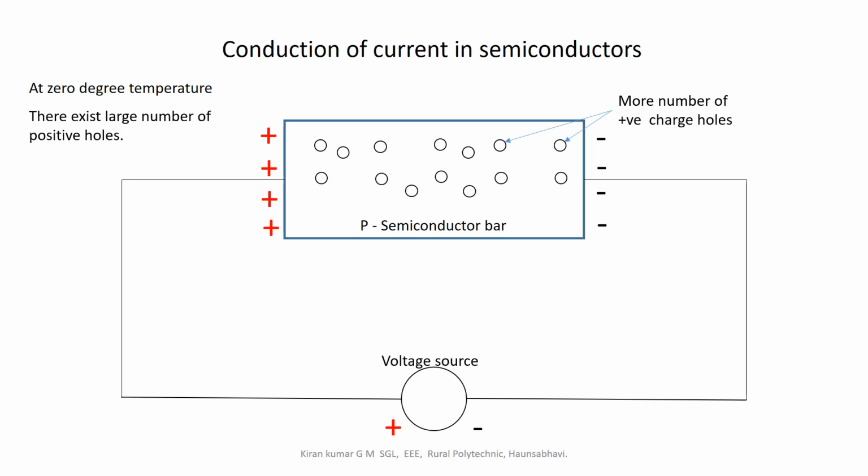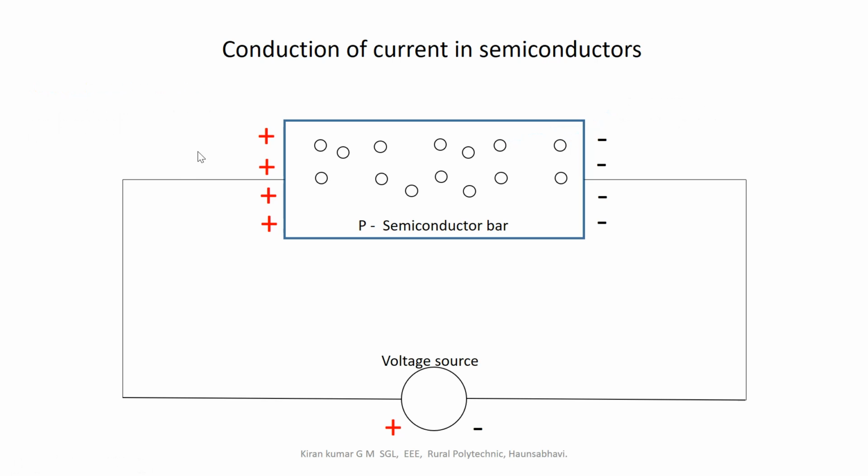This is due to the doping of a trivalent acceptor impurity into a pure semiconductor material. And due to the presence of these charge carriers, current can be conducted even at absolute 0 degree centigrade in case of the doped semiconductors.